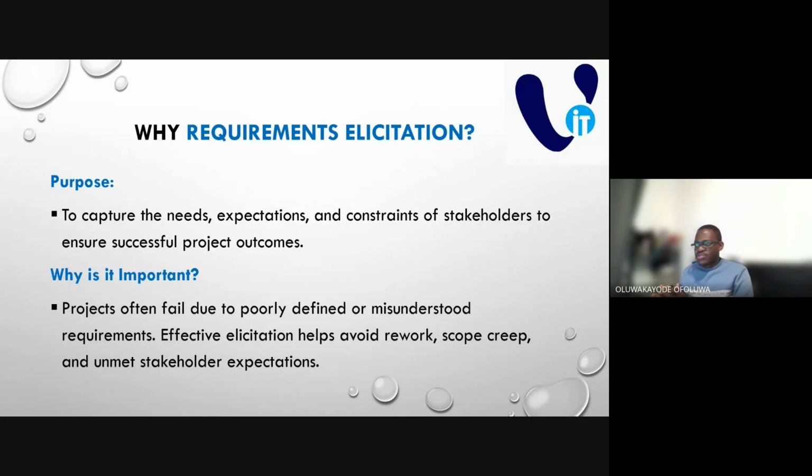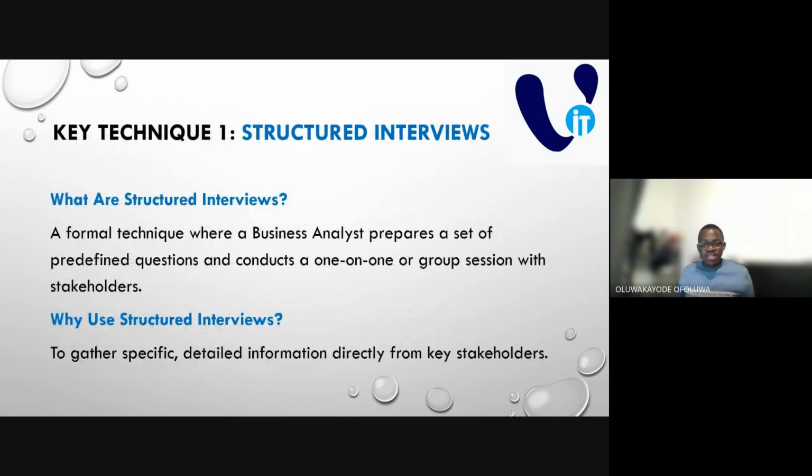But with the right elicitation techniques, we're able to avoid every one of these pitfalls and get work done, which at the end of the day ensures accuracy in our delivery as business analysts.